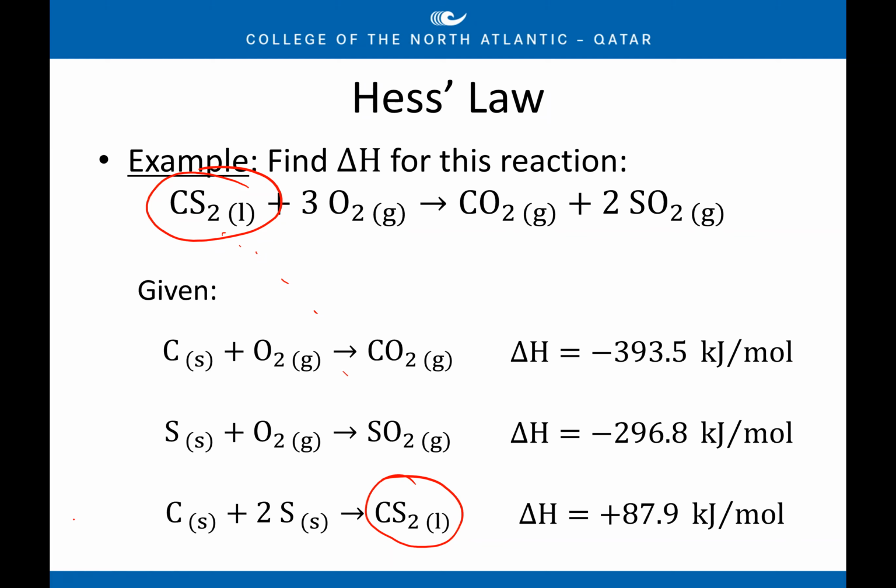So what I'm going to do is flip this. Now, what do I mean by flip? By flip, I mean the reactants and products switch sides. The thing I need to consider is if I flip this equation, I also flip this sign.